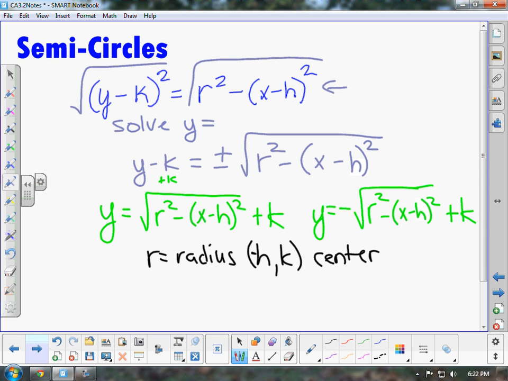Because it is a semicircle, this one's the positive, and since it's y equals, it's a function, so it's a positive semicircle, which means it's the top half of the circle. When it's a negative, that means it is the bottom half of your circle.